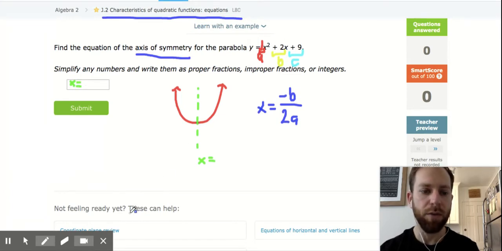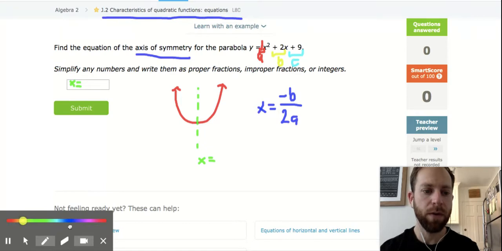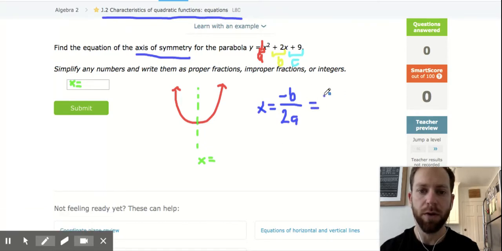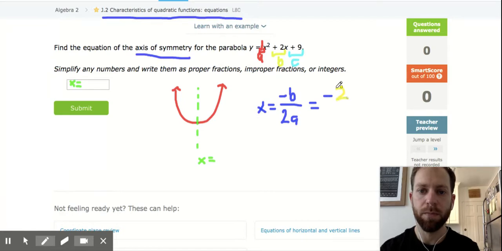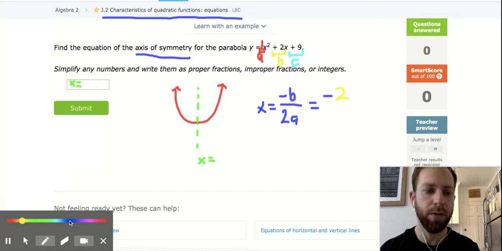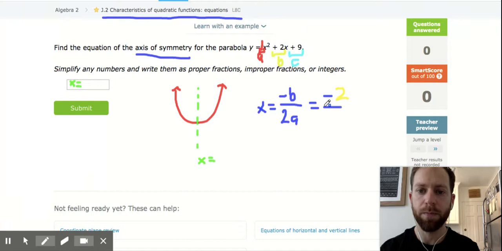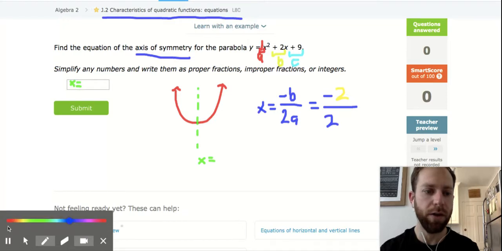So negative b would be negative, from the equation, b is equal to 2, divided by 2 times a. So 2 from the equation times a, and a is equal to 1.